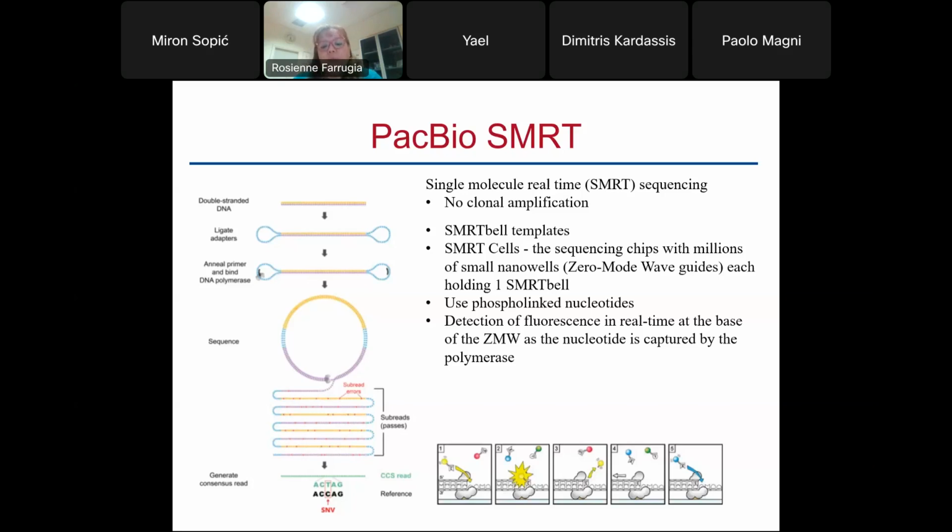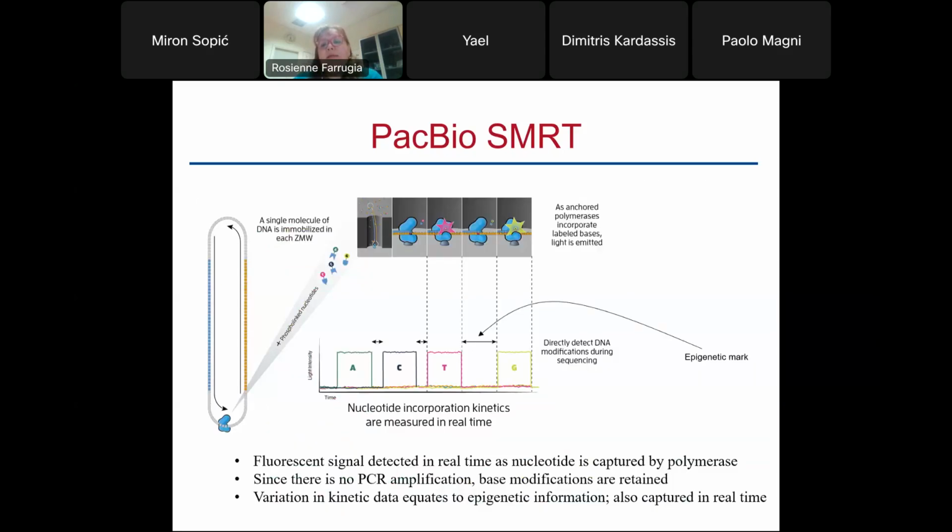Like Oxford Nanopore, the length of time a nucleotide is held until the sugar phosphate bond is formed varies if that nucleotide is modified. So there are different kinetics for normal, unmodified nucleotides and for modified nucleotides.